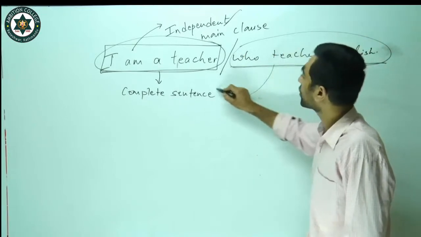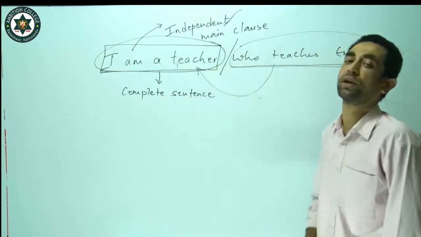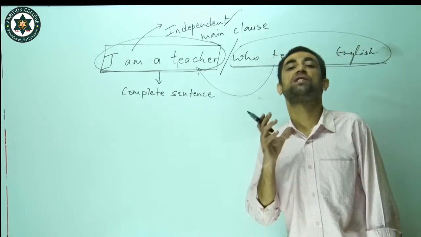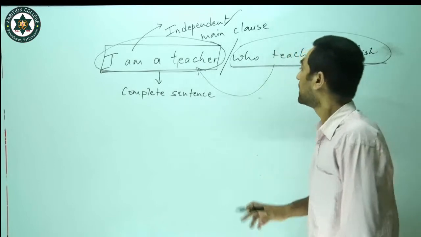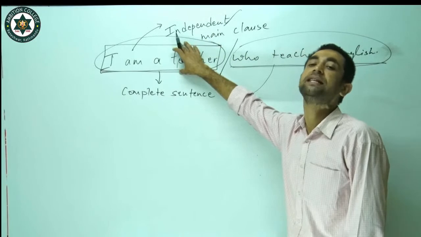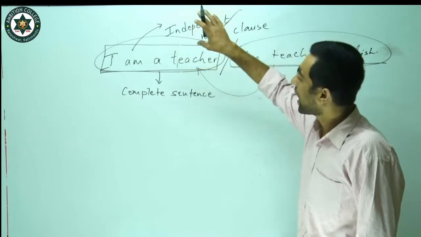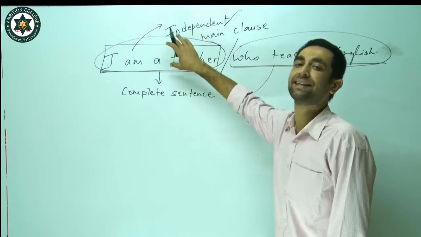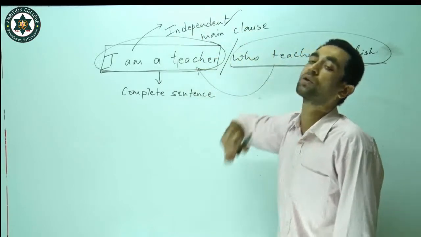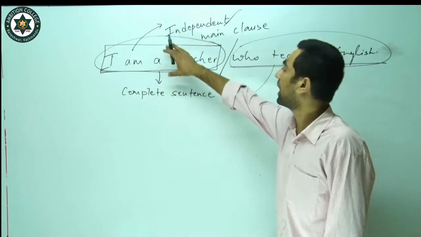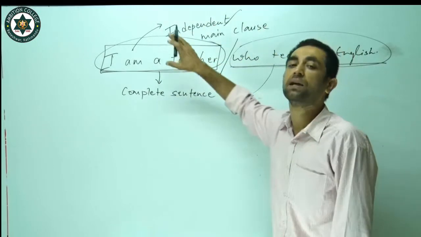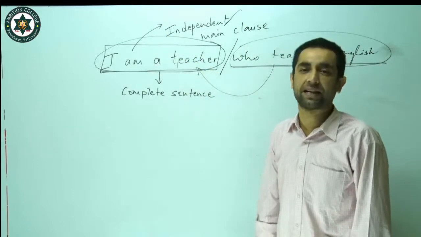It depends upon this part for its meaning, for its completeness. So this part is independent; it does not depend upon the other part for meaning.